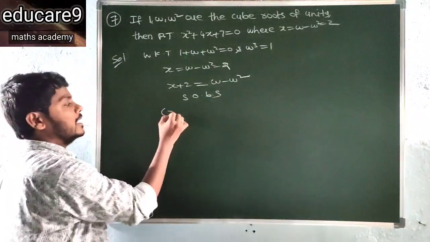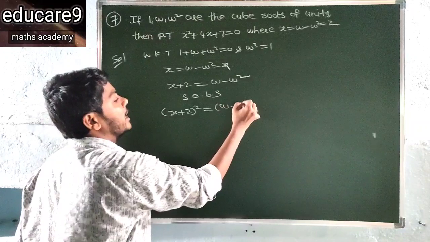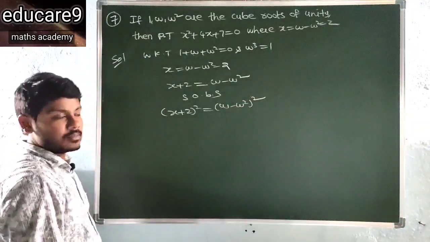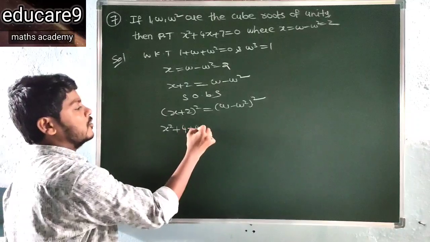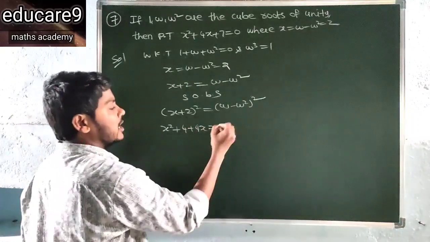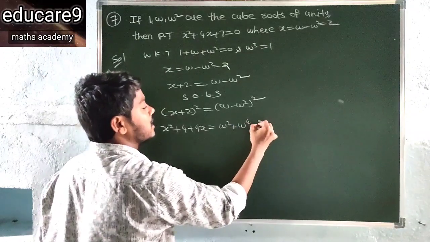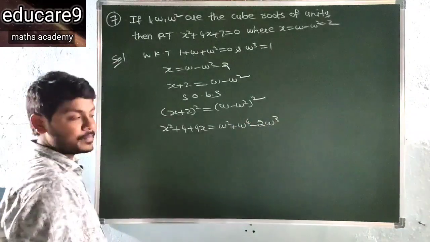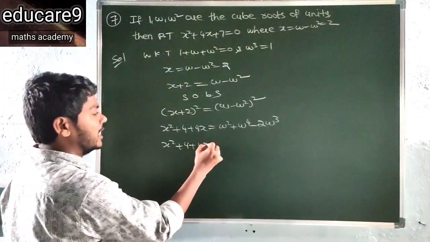So what you get? x plus 2 whole square is equal to omega minus omega square whole square. So this is x square plus 4 plus 4x. And this is omega square plus omega power 4 minus 2 omega cube. So x square plus 4 plus 4x.